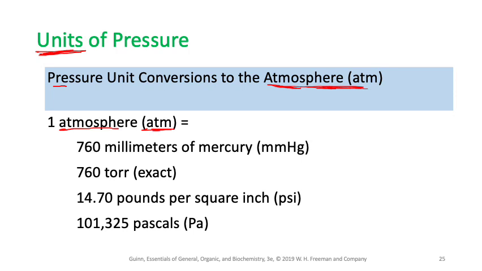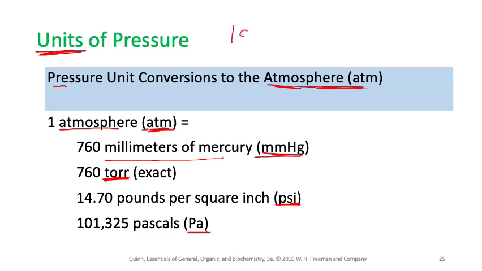If we have any number written in atm, that means we are measuring the pressure of that particular substance. And then we have some other units too, millimeters of mercury. If you have mmHg, that means we are measuring pressure. Then we have torr, we have psi and pascal. All five units belong to pressure, and they show you how they are interconnected to each other.